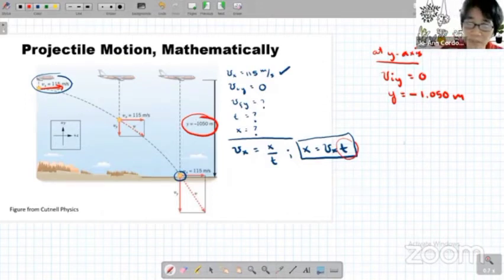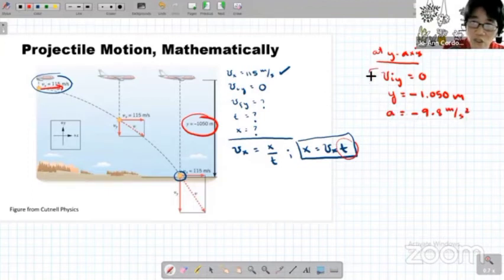So ngayon, papasok ngayon yung ating alam tungkol sa projectile, in which projectiles are supposed to be free fall. So therefore, we know that acceleration in this case should be equal to 9.8 meters per second squared. So ito lang yung given. E paano yan magko-connect dito sa t? Sa x, how do we connect these two?